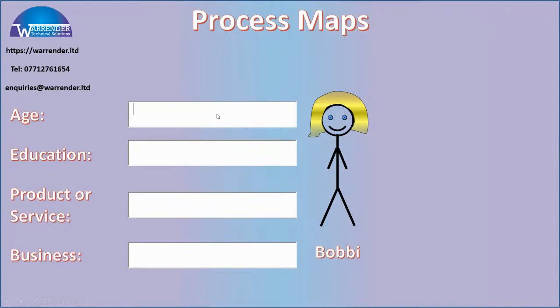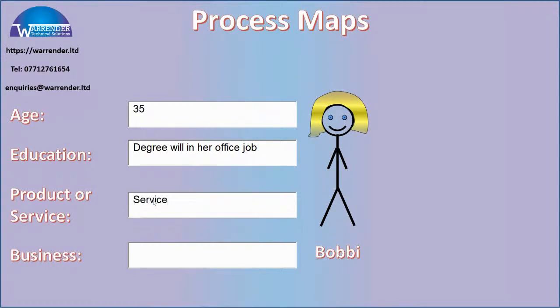And with Bobby, we're going to say that she's in her mid-30s. She got a degree while in her office job, let's say. And she's actually going to provide a service.